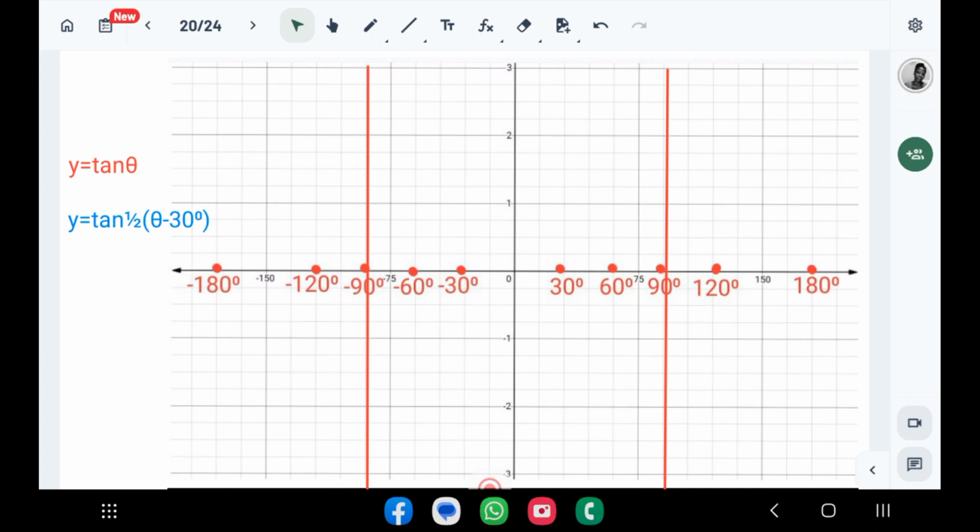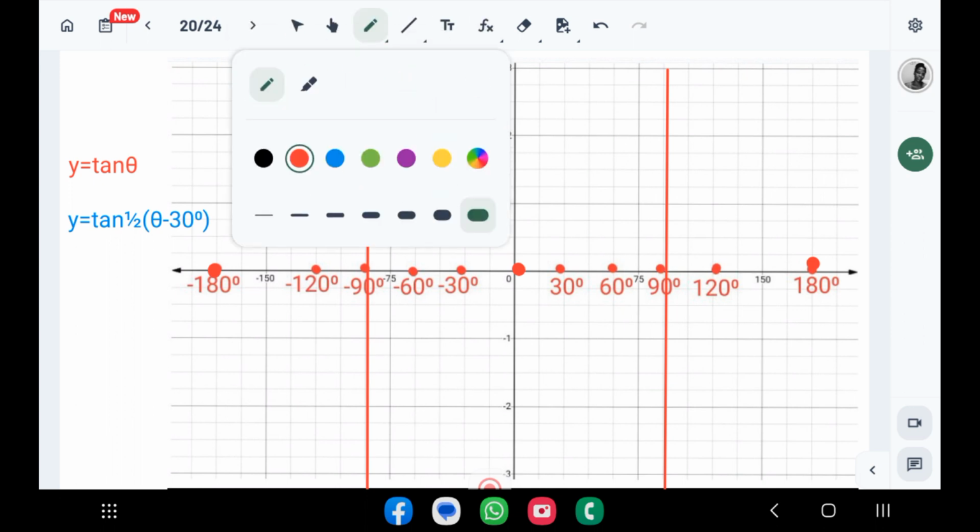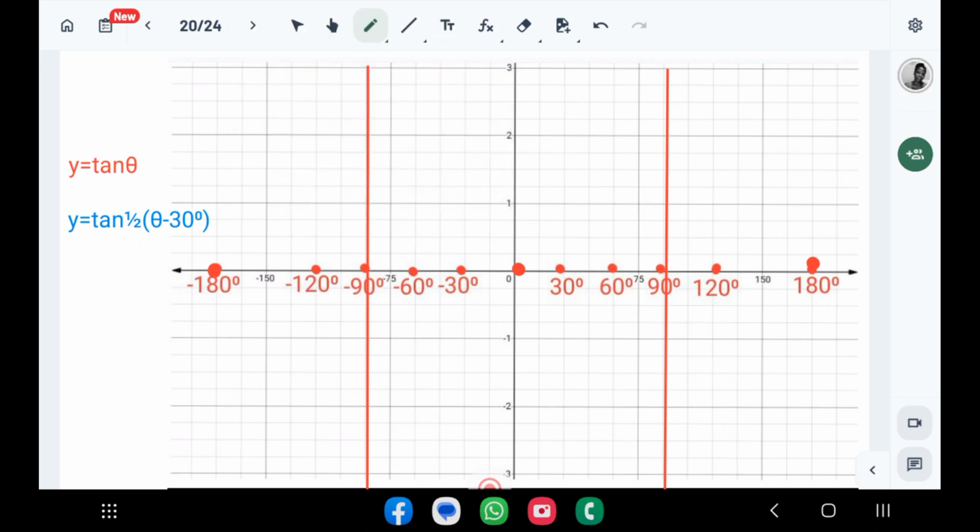Then your x-intercepts will be at 0, 180 on the right hand side and negative 180 on the left hand side, because your period is 180 degrees. Now we join the points. You're going to have a full period between 90 and negative 90, and then this comes down and this goes up on either side. That's the red graph complete.